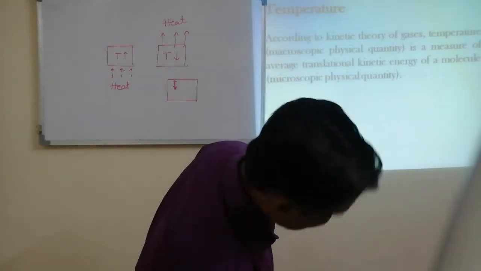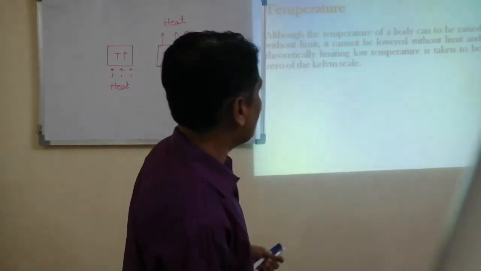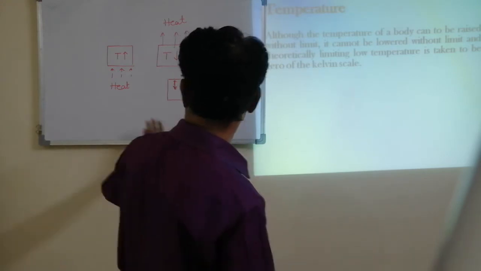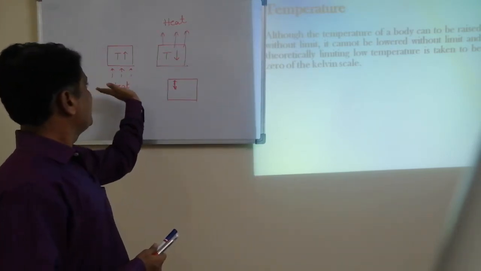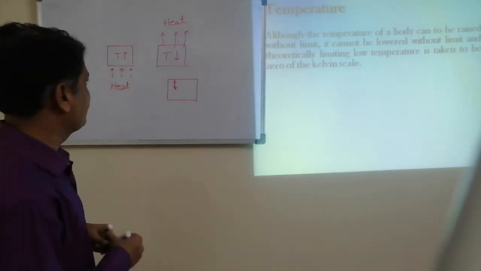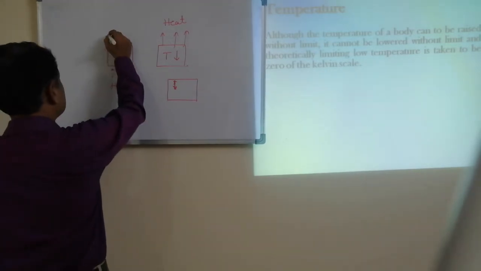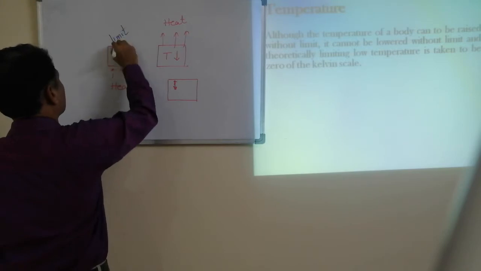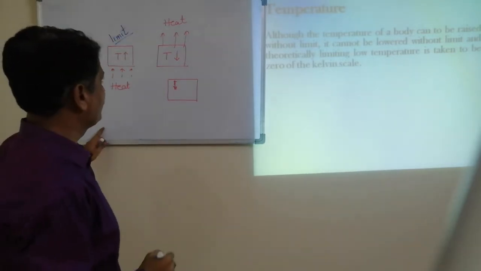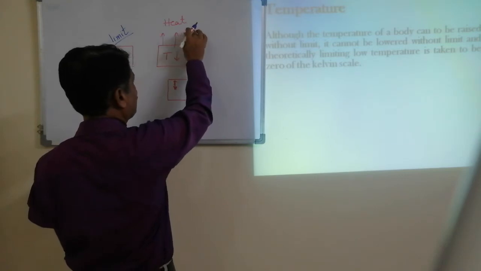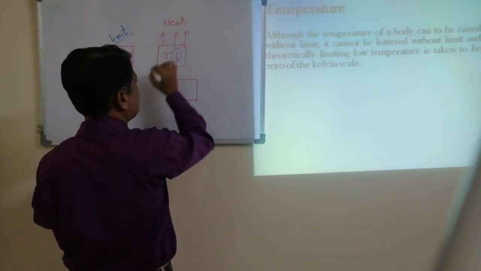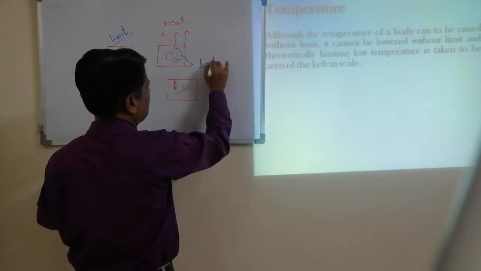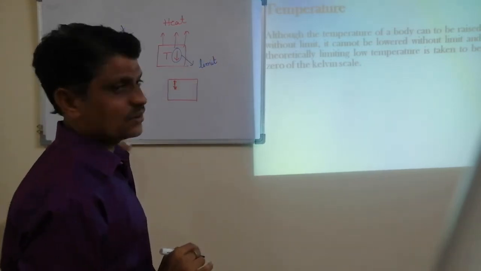Right? Whenever we provide heat energy, the temperature goes on increasing. But the question arises: what is the limit of the increase in temperature? And if it goes on losing heat energy, temperature decreases; till what limit does temperature decrease, is the question.